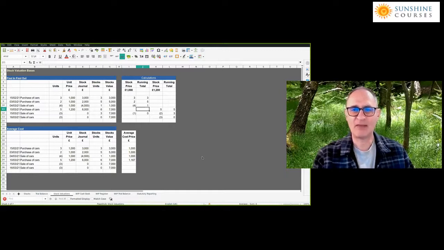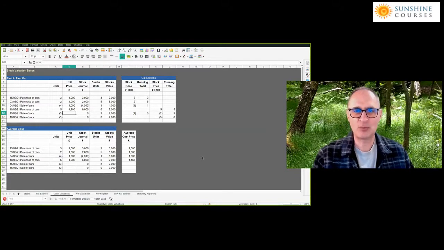When I then buy the next five cars, I'm buying them all at a new price range. So they're in the next block, the £1,200 block. And my running total is five of them. So now, when I come to sell my three cars, I've got a fairly easy way of identifying which price to allocate to the accounts. One of them I'm going to do at £1,000 and two of them I'm going to do at £1,200.